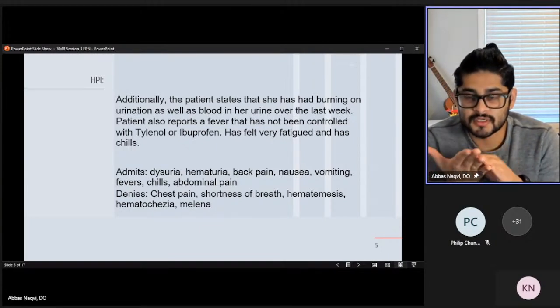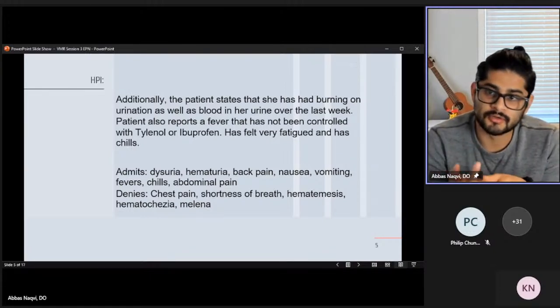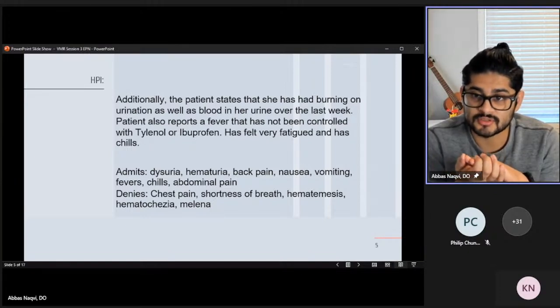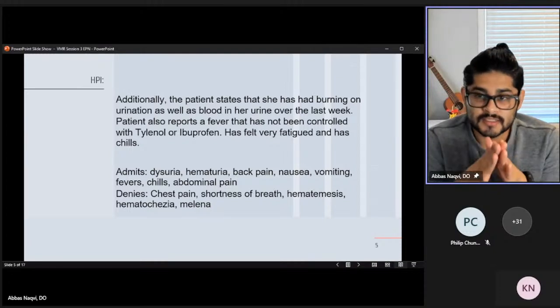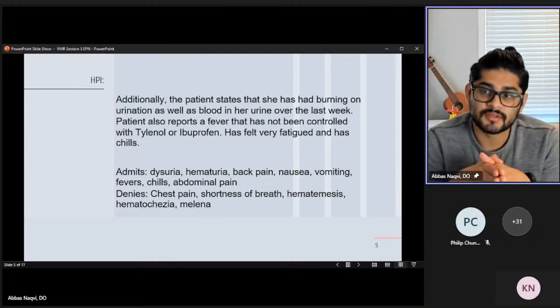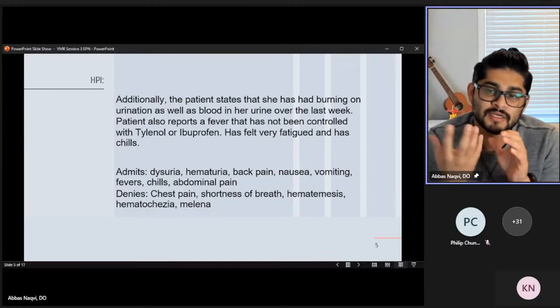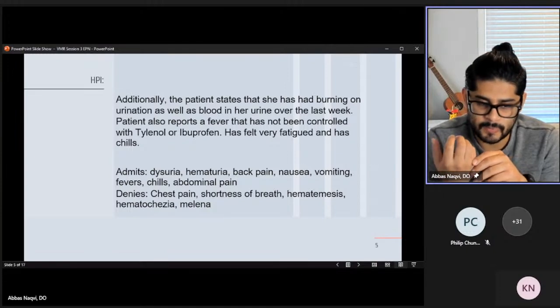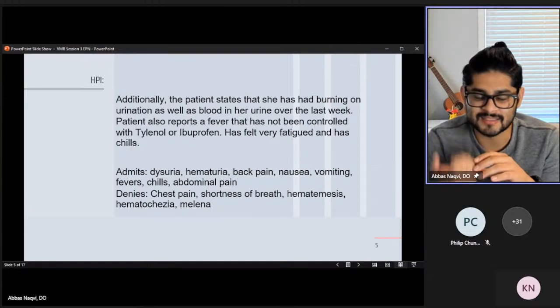She admits to dysuria, so that's just burning when you urinate, hematuria, which is blood in your urine, back pain, nausea, vomiting, fevers, chills, and abdominal pain. She denies any chest pain, no shortness of breath, no hematemesis, which is vomiting blood. Hematochezia is pooping out blood, and then melena is a type of stool that is like black and sticky.